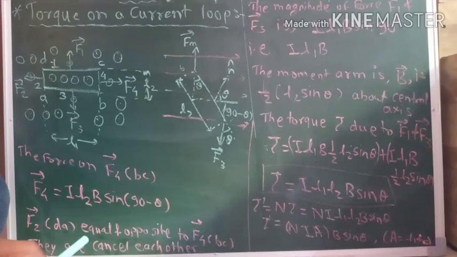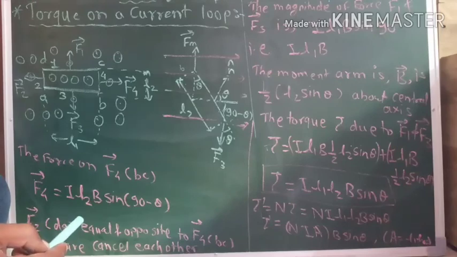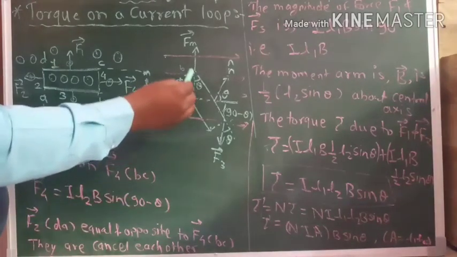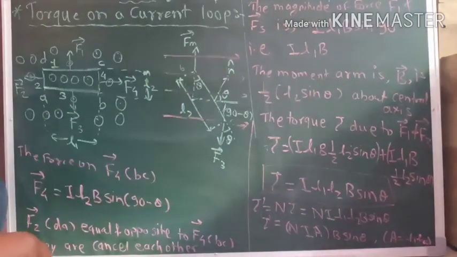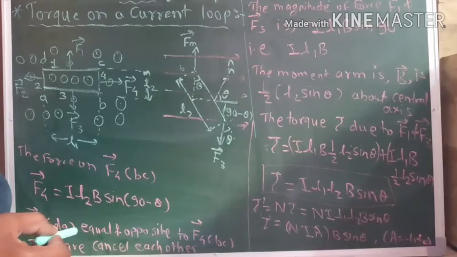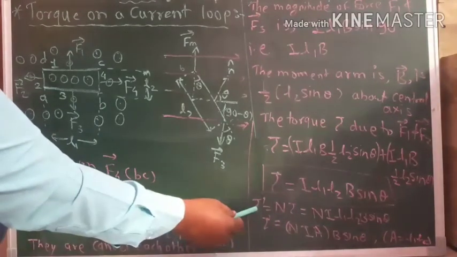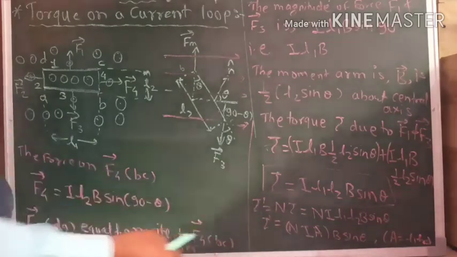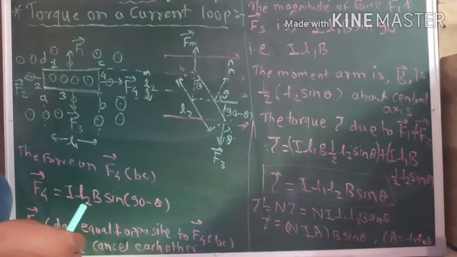If the current carrying loop is made up of multiple turns, where capital N is the number of turns of wire, then for the flat coil the total torque will be tau dash, that is, the total torque on that loop.